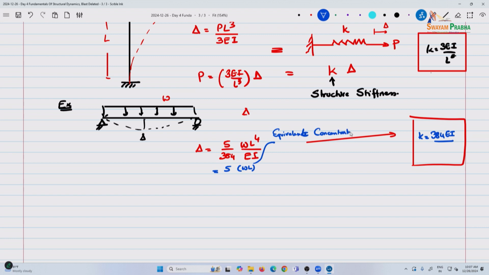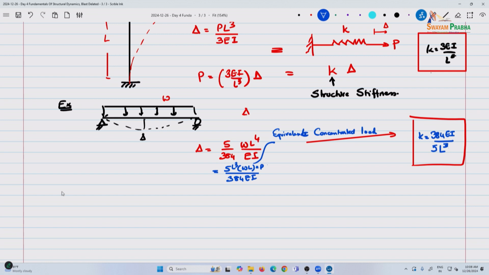That's the first thing you need to do. So this is P, and the stiffness is 384 EI by 5 L cubed. And you can go on and so forth.